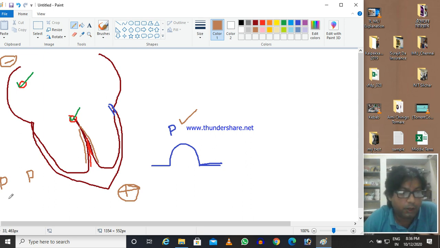Now, if the positive wave is traveling towards the negative electrode, it will create a negative deflection. A positive wave traveling to the positive electrode will generate a positive deflection. A positive wave traveling towards the negative electrode will create a negative deflection.